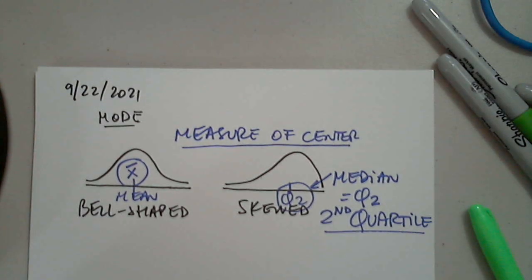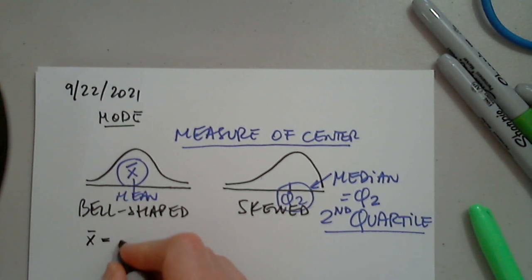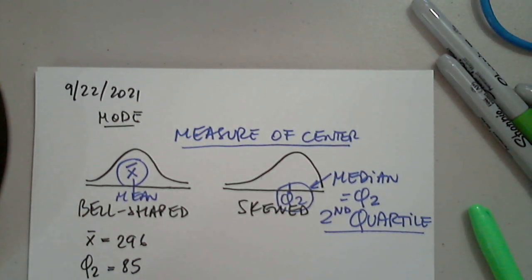So for this data set, I'm going to copy the information. X bar is 296. Q2 is 85. And mode 44. So mean, I have 296.